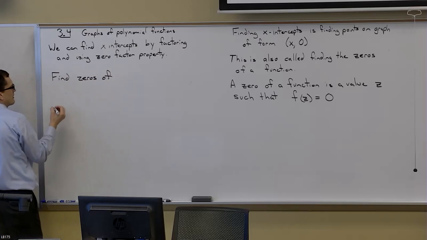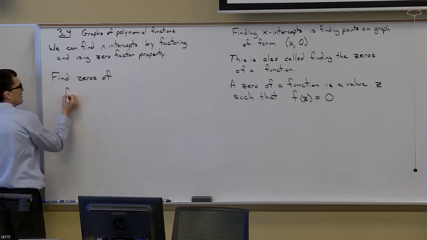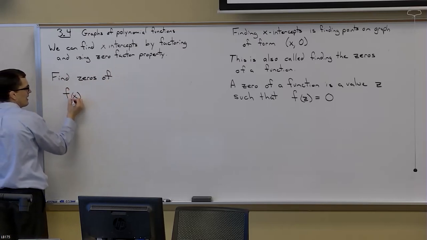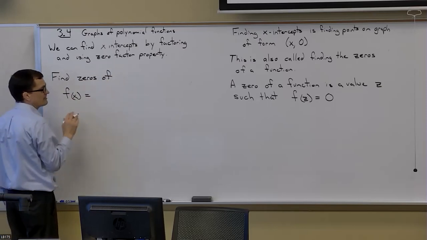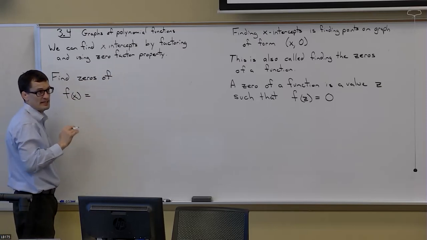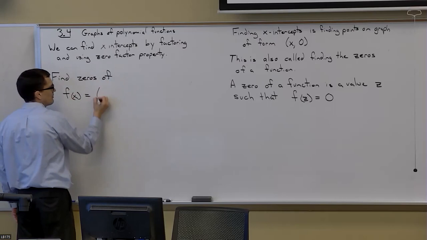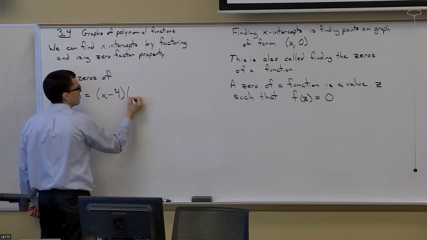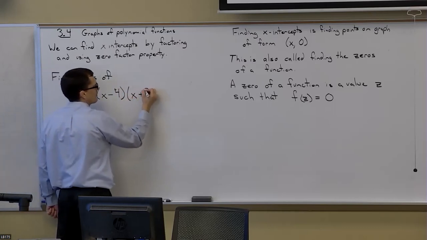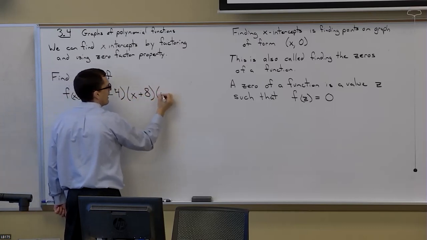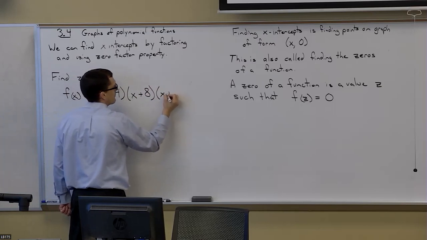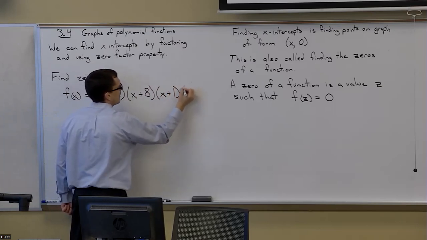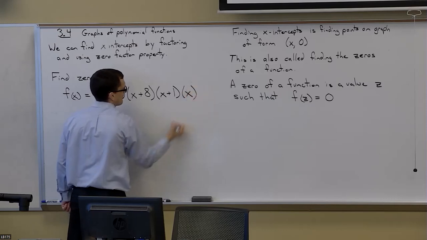So let's say we want to find the zeros of this polynomial function. And I'm going to write it as having already been factored. So let's take x minus 4 times x plus 8 times x plus 1 times x.